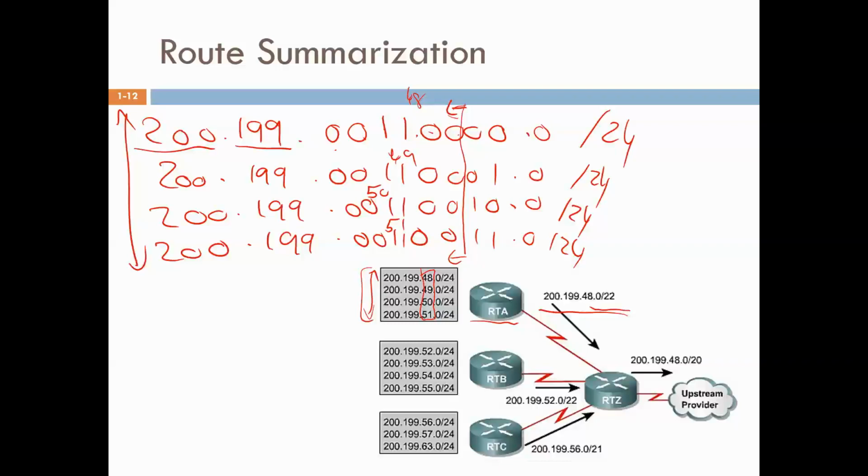So, how does this announcement summarize the addresses of the four subnets? Imagine what router Z will receive. It will receive only this announcement, 200.199.48.0/22. So it will create an entry in its routing table saying if the first 22 bits are 200.199.48.0, forward the packets to router A. This is what this announcement means.